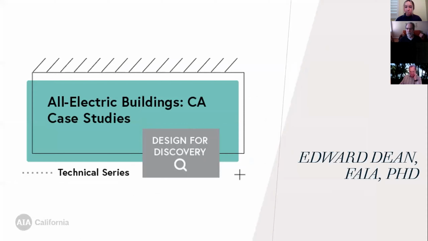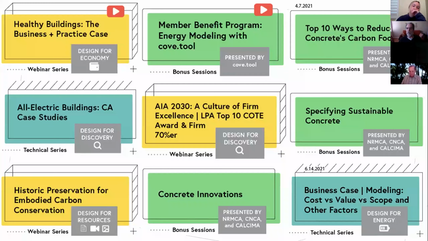As many of you know, AIA California has developed an in-depth series focused on understanding and implementing the AIA's framework for design excellence. This series will run through the end of this year and will feature monthly hour-long general climate action webinars, as well as 90-minute webinars that dive deeper into technical topics, today's session being one example.